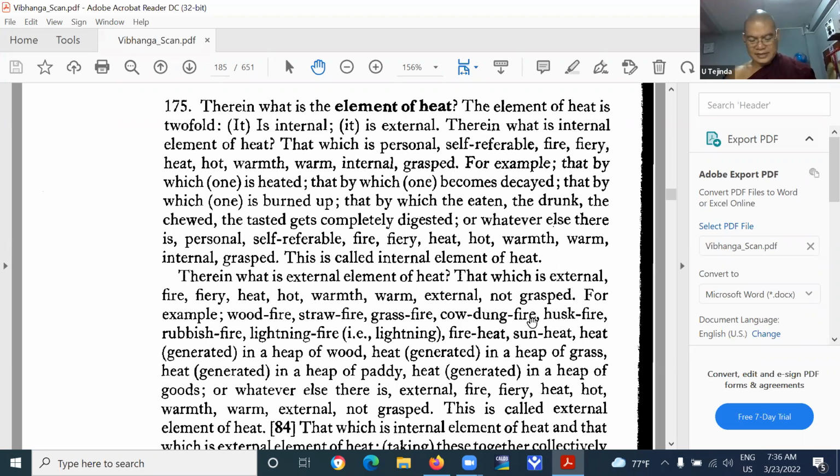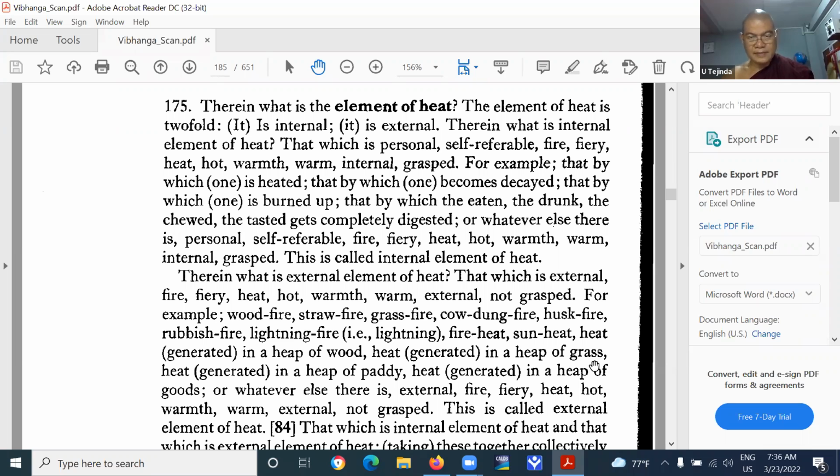Then Katha Sanitya Santa Bo, heat generated in a heap of wood. Actually, this heat comes from the wood fire. Heat generated in a heap of grass. This one, Tina Sanitya Sandapo, the grass fire. Heat comes from the grass fire.